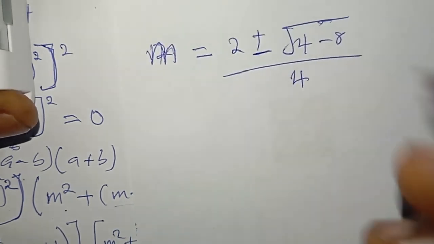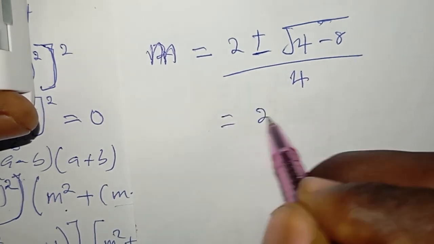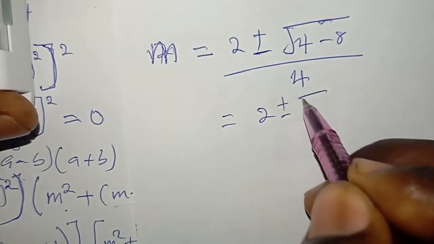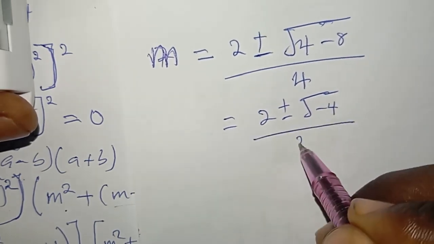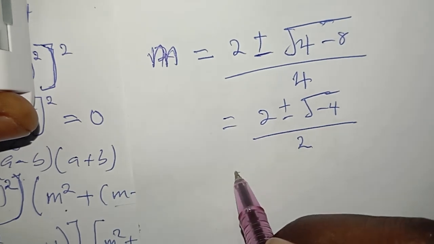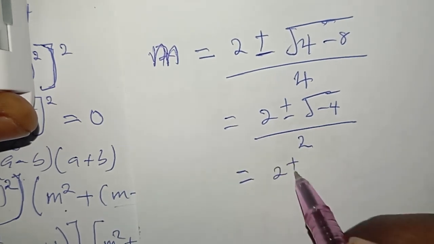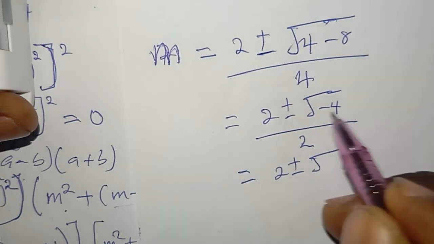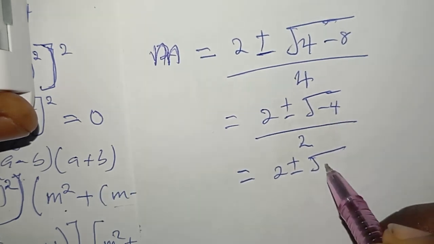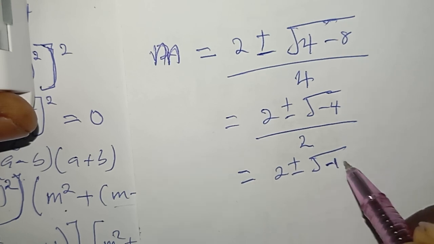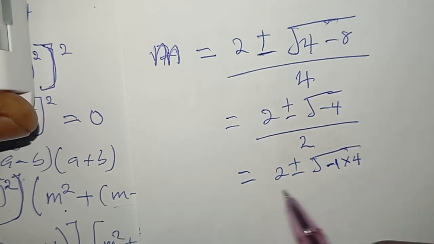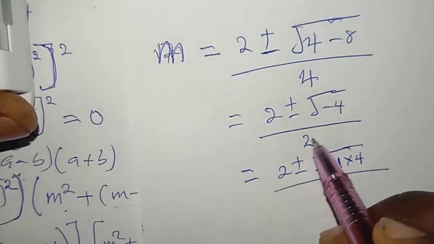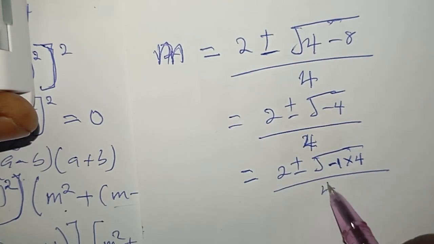So if you simplify this further, you're going to be having 2 plus or minus the square root of -4, divided by 4. And of course this will be 2 plus or minus the square root of, I can actually write this -4 as -1 multiplied by 4, and of course divided by 4.